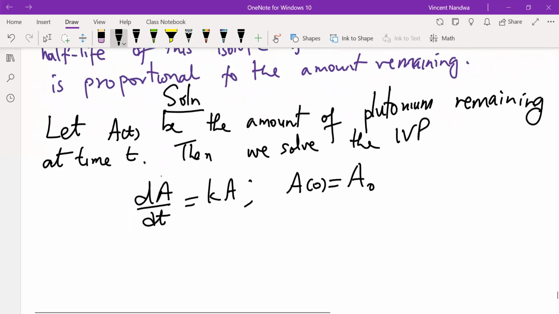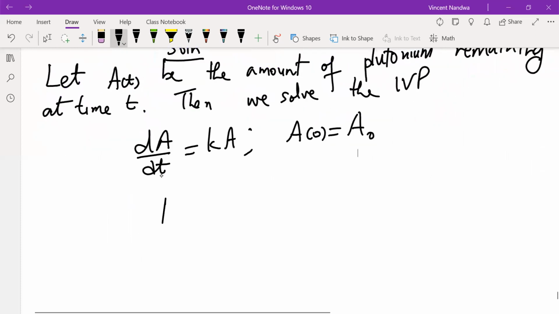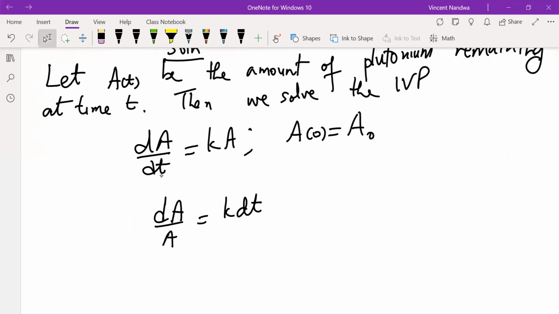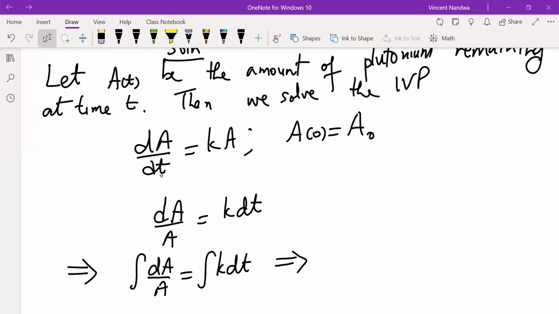Now, by separation of variables, we have dA over A equals k dt. On integration, this gives ln of A equals kt plus c.